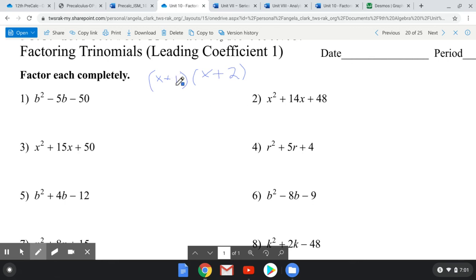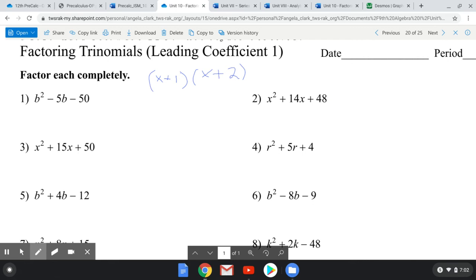And then the last term, we're multiplying these together. So something we already know, the easiest thing to know when we're looking at how these are going to factor is that these two numbers have to multiply to this last number. So we're looking for numbers that multiply to 48.